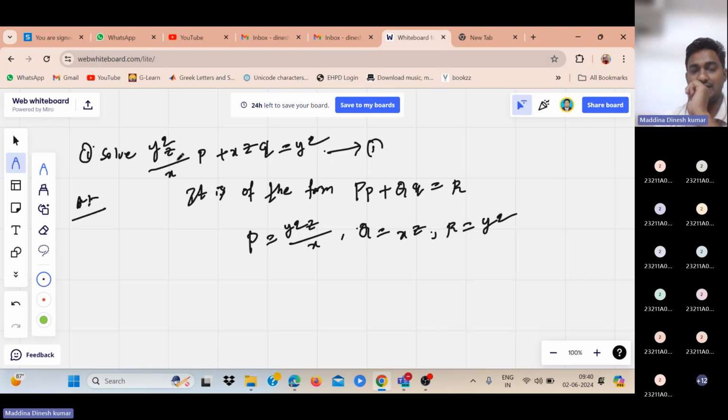See here, the small p coefficient is capital P, the small q coefficient is capital Q, and the right hand side term is R.